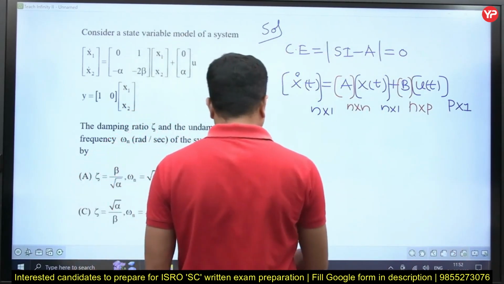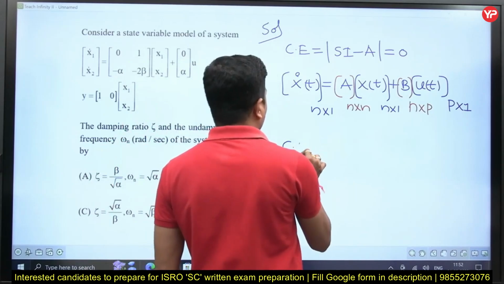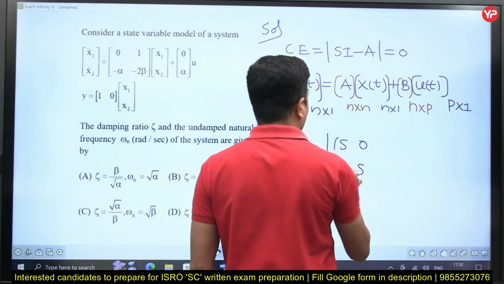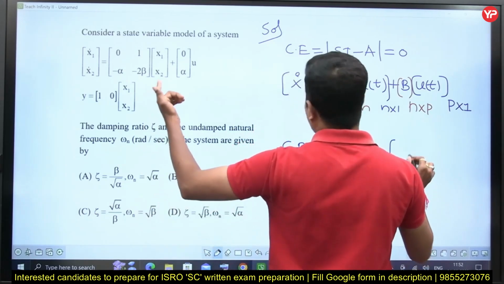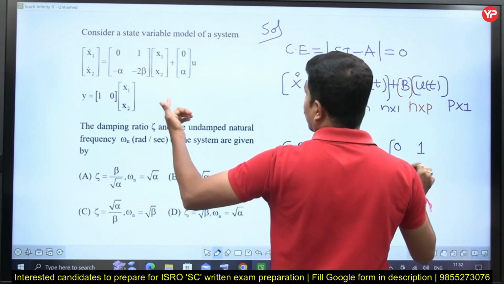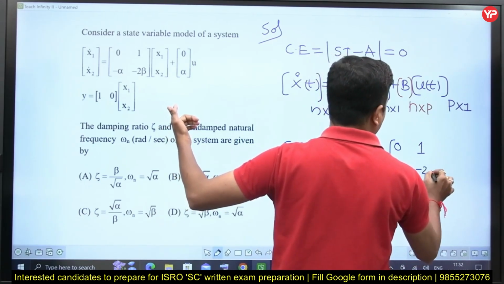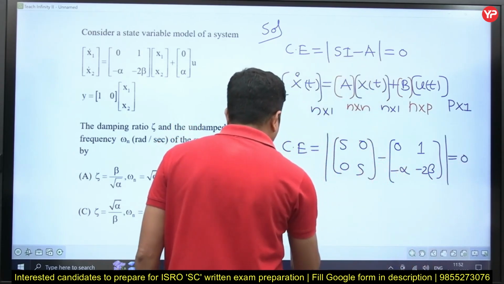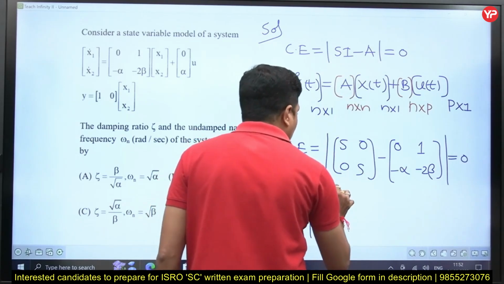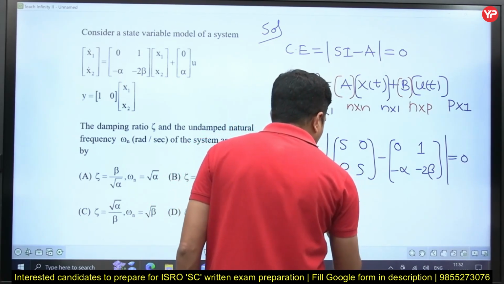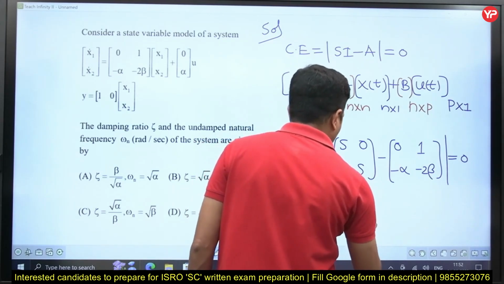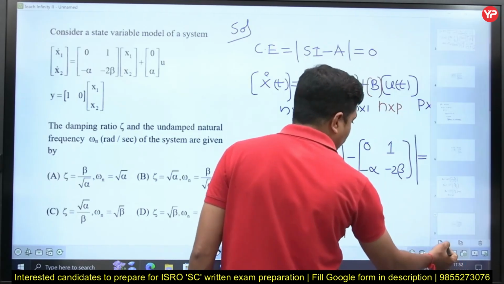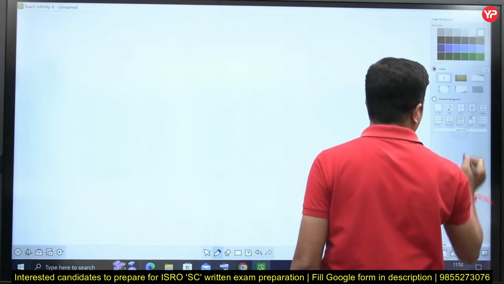Let's come here. Now, the characteristic equation is equal to determinant of [S, 0; 0, S] minus matrix A, which is [0, 1; minus alpha, minus 2 beta], equal to 0. Therefore, the characteristic equation is S, minus 1, plus alpha, S plus 2 beta, equal to 0.